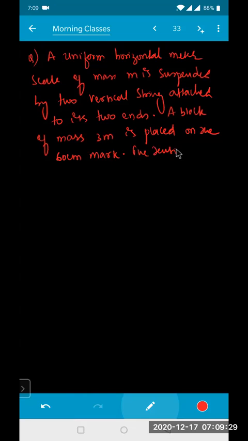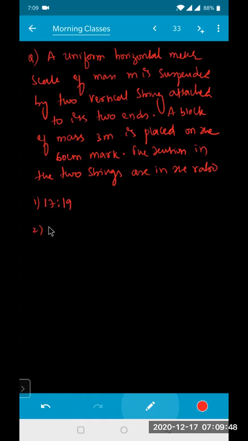The tension in the two strings is in the ratio: first option is 17:19, second one is 19:21, third one is 17:23, and fourth one is 19:23.